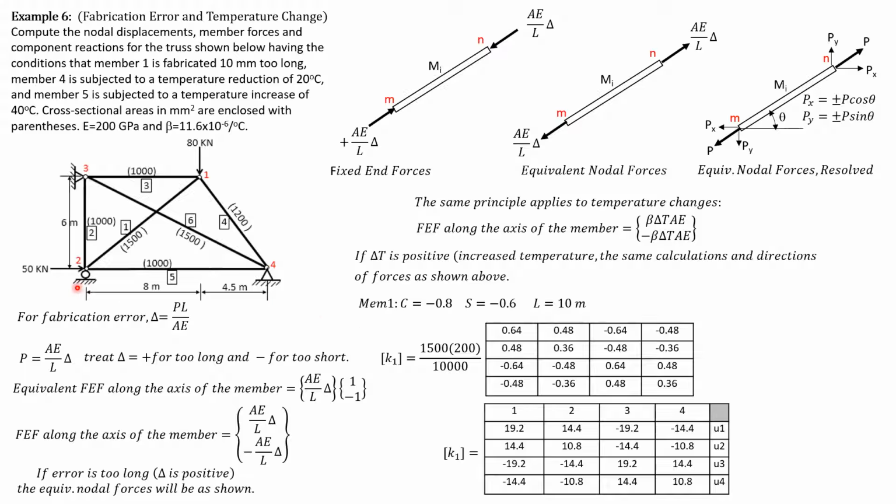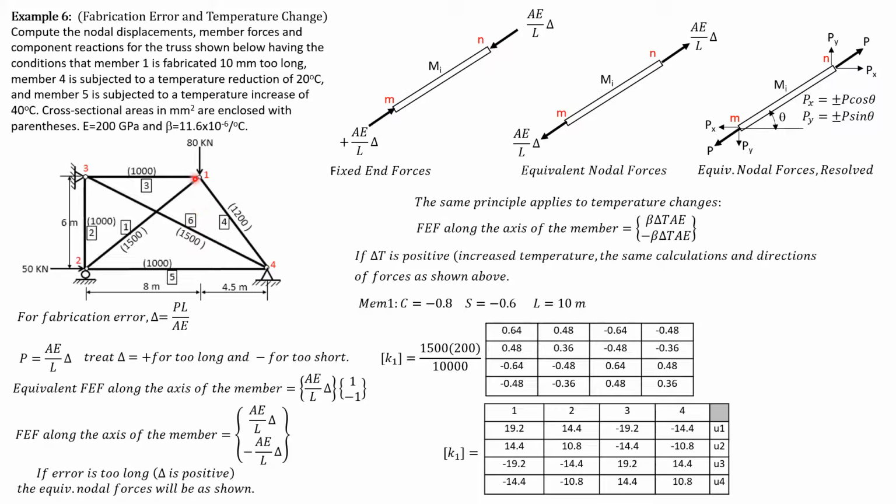Then member 2 is this one. It is 3456. The cosine is 0. The sine is positive 1. Then member 3 is 1 to 3, which is 1, 2, 5, 6. The cosine is negative 1. The sine is 0. Member 4 is 1 to 4. It is 4.5 down to the right, so cosine is positive and sine is negative.